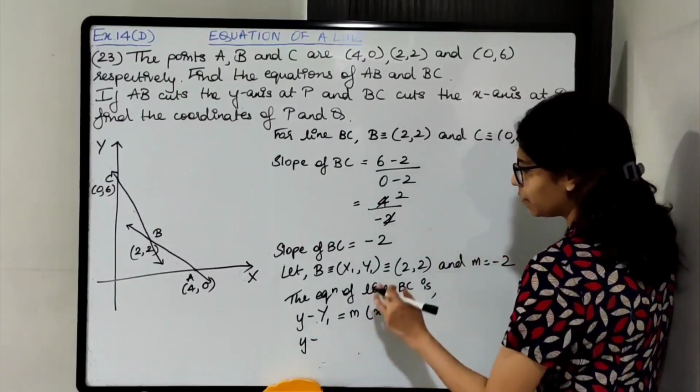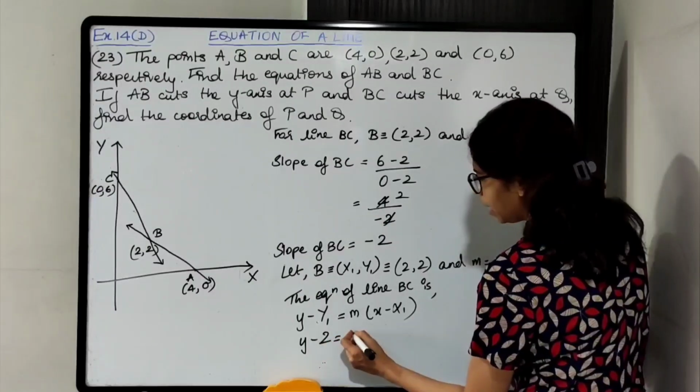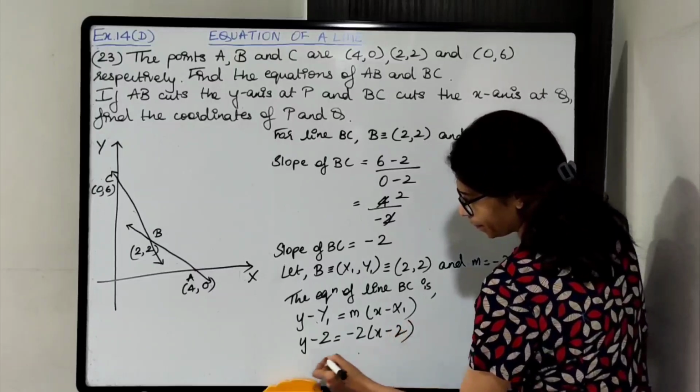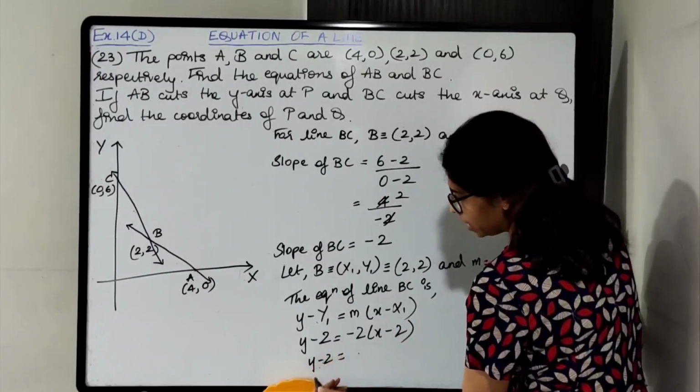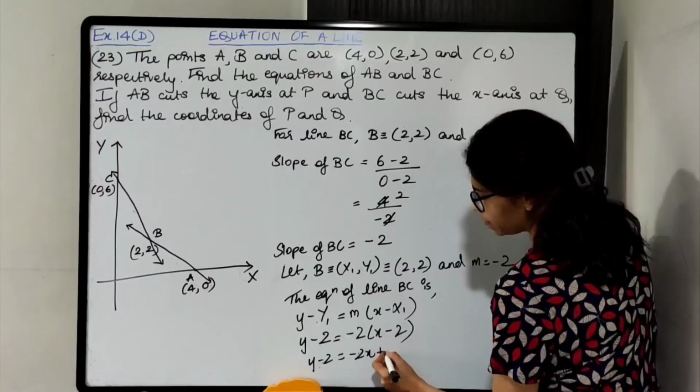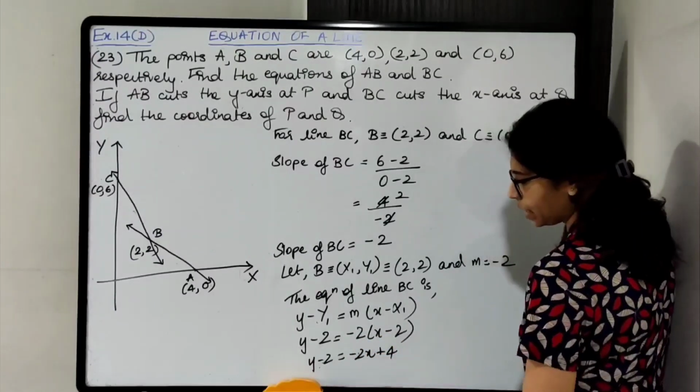Put the values. y1 है 2, m is minus 2, x is 2, y minus 2 is equal to, opening the brackets, minus 2x, minus into minus plus, 2 2s are 4.